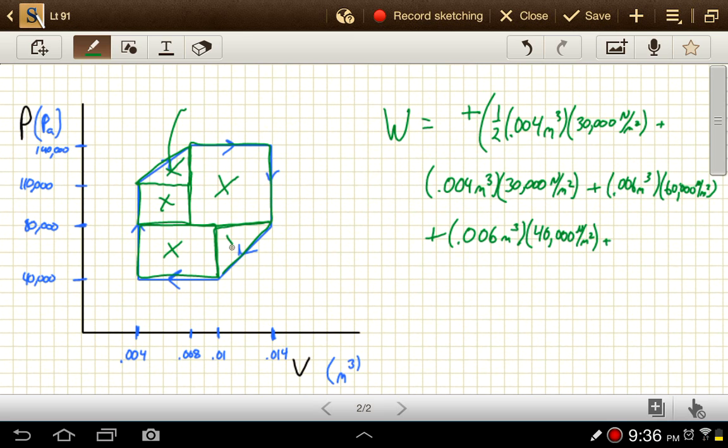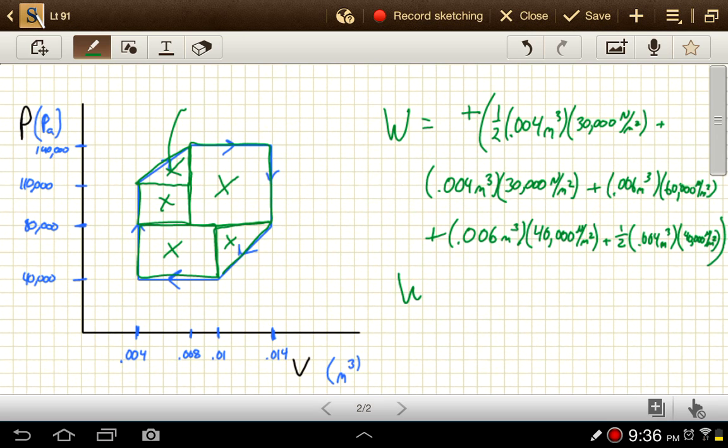Plus, last one, a triangle: 1/2 times the base, which is 0.004 cubic meters, times the height of 40,000 newtons per square meter.